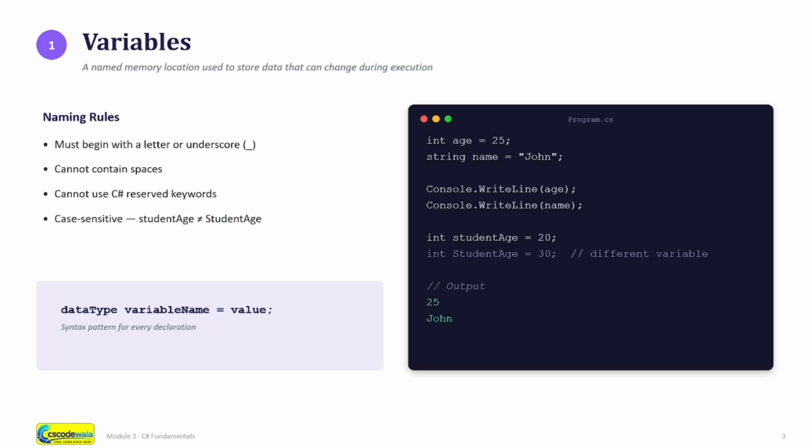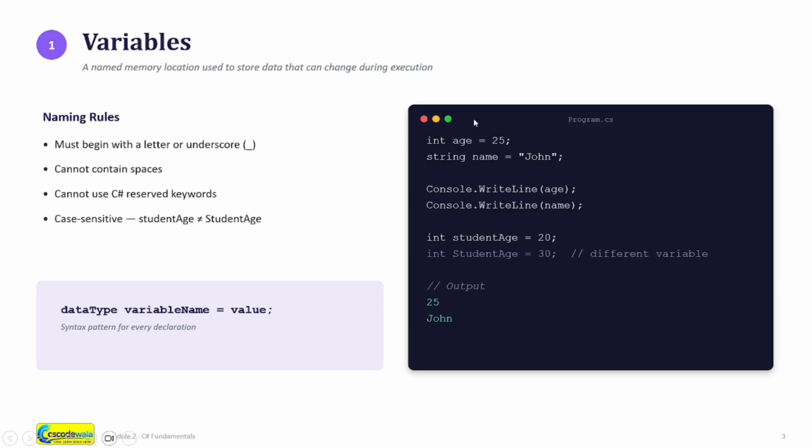The value stored inside a variable can change while the program is running. The syntax of a variable is data type, variable name, equal operator, and then value. Generally, the equal operator is called the assignment operator, which is used to assign the value to the variable.